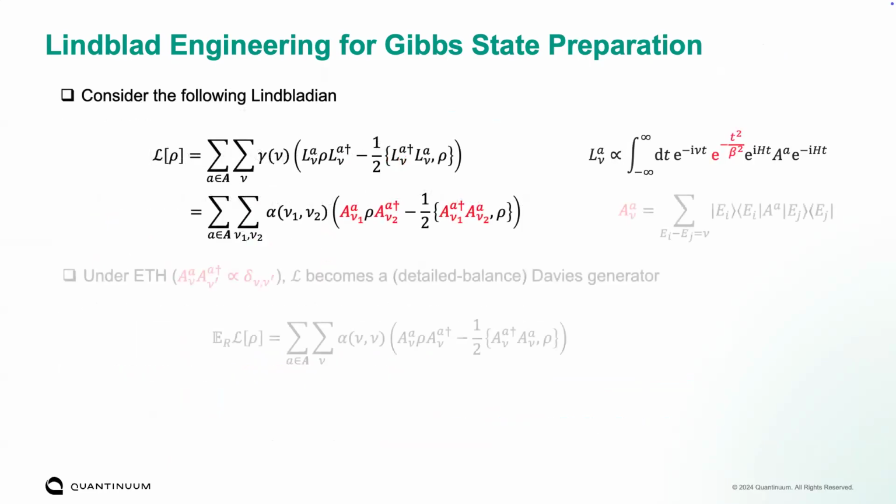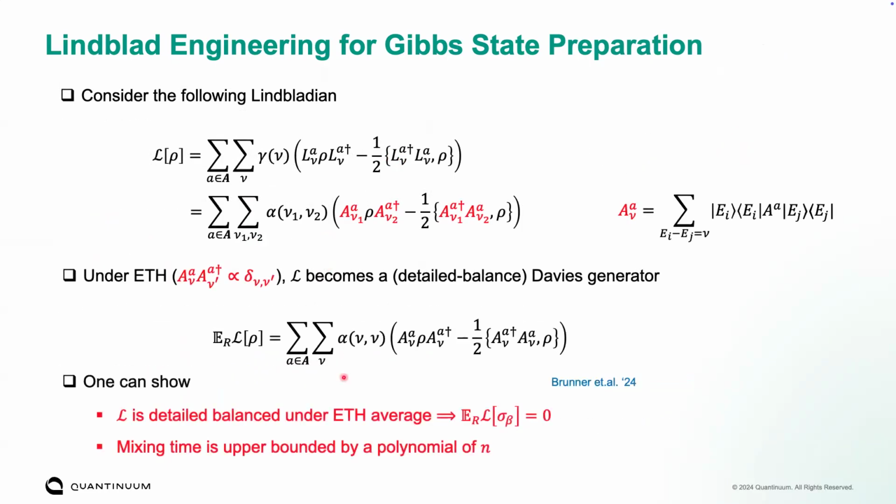For instance, when you want to show that this has the form of a Davies generator, you explicitly average this jump operator A, and A is proportional to this random matrix R. When you calculate the Lindbladian gap, you do something similar.